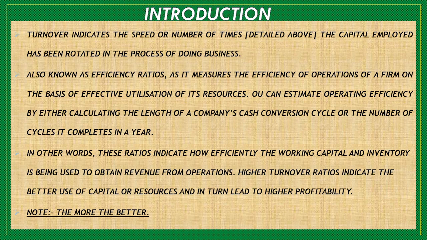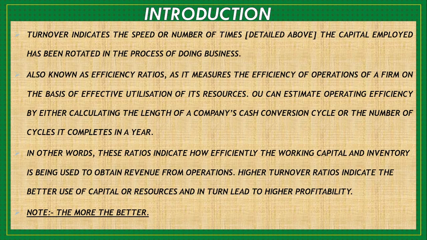In other words, these ratios indicate how efficiently the working capital and inventory is being used to obtain revenue from operations. Higher turnover ratios indicate better use of capital or resources and in turn lead to higher profitability.